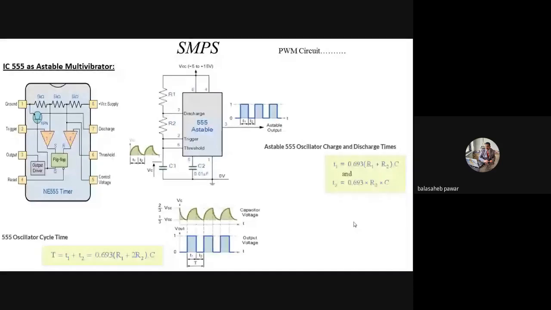Now we'll generate 10 kilohertz frequency pulses. Just note it down. For 10 kilohertz, how much will be capital T? Just calculate it.